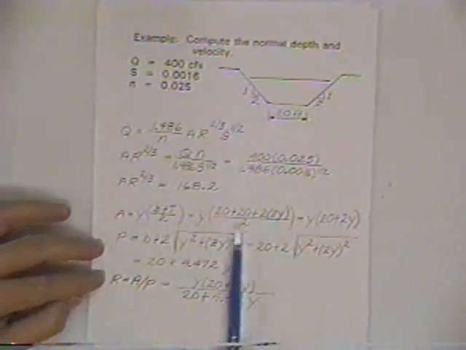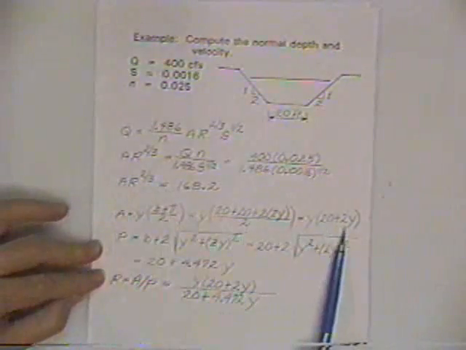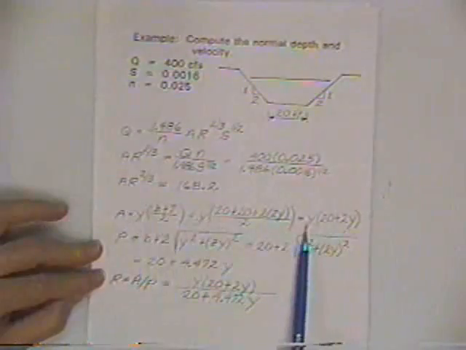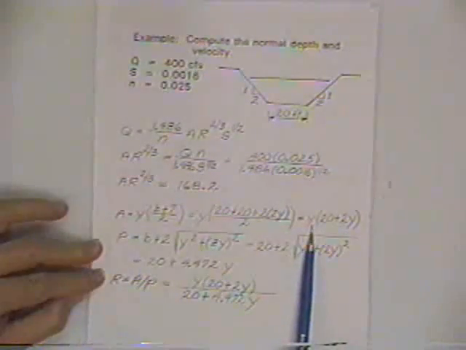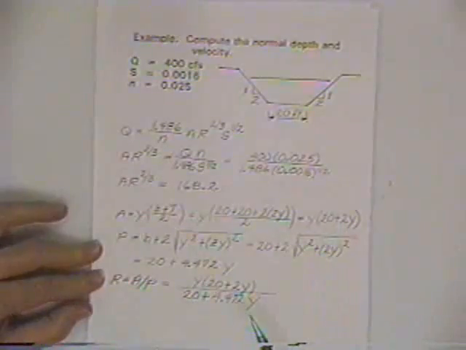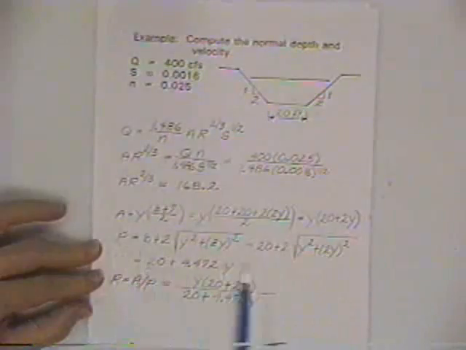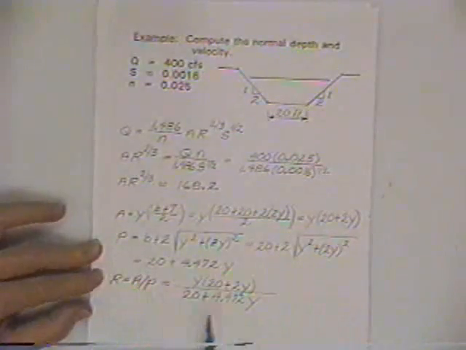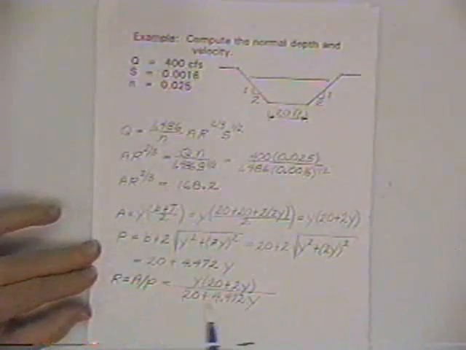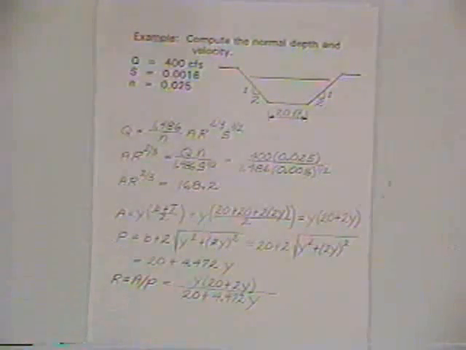Now we've got to express A as a function of depth, which we can do just from the geometry of a trapezoid, doing the same thing that we just went through on the previous example. We expressed area as a function of depth. We expressed the wetted perimeter as a function of depth. Hydraulic radius is area divided by the wetted perimeter, all expressed as a function of the depth.